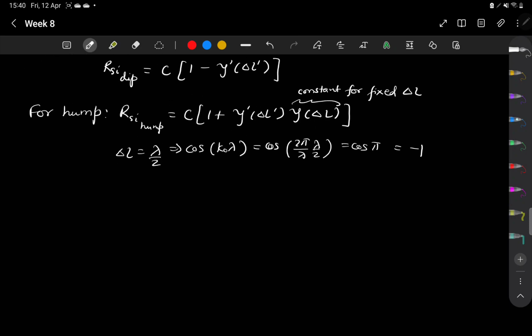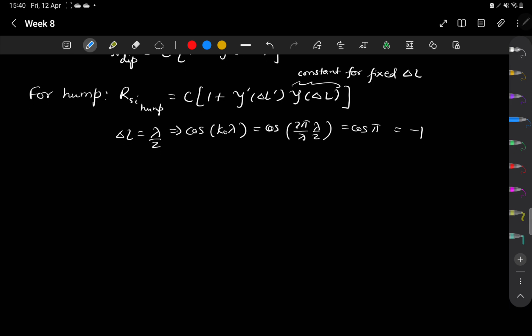And if we look at the plot, then assuming a Gaussian type profile for gamma prime, we will get the dip something like this and the hump to be something like this.